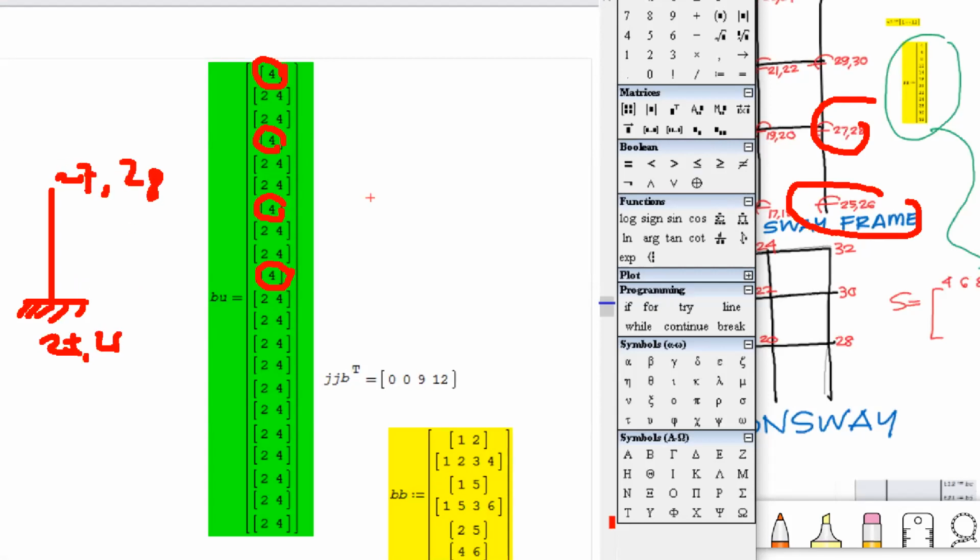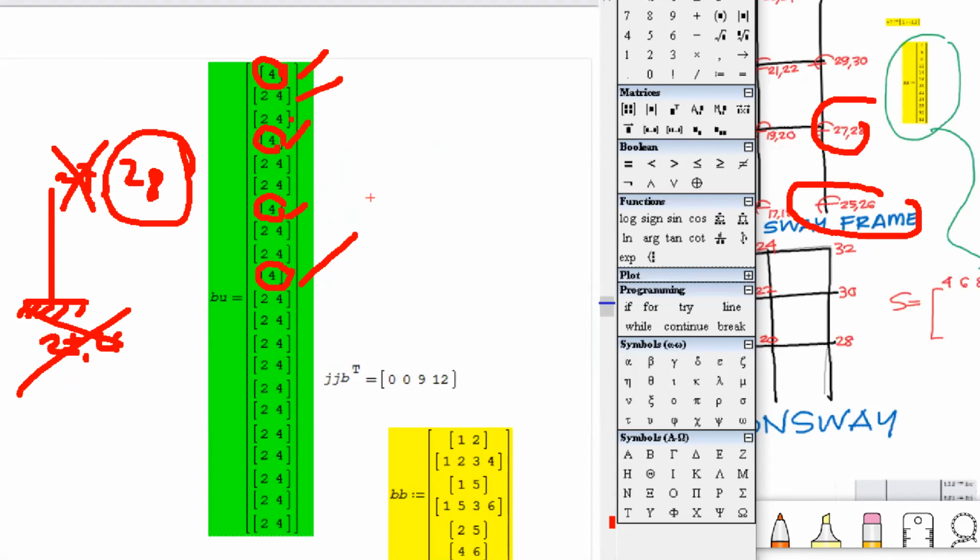Since there is no sway, we don't need the first and second element. We don't need the third element, because that's the lateral displacement. We only need the fourth element. So therefore these are four columns. And the rest are girders.